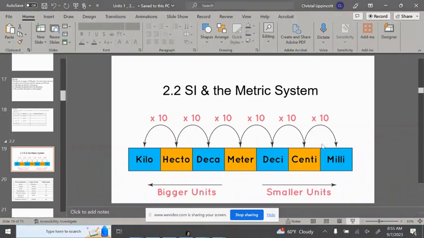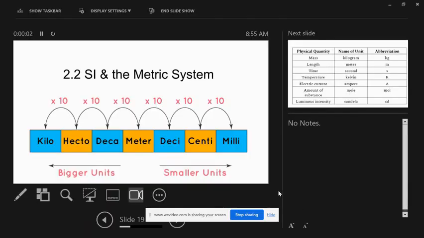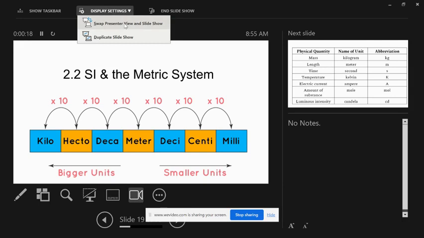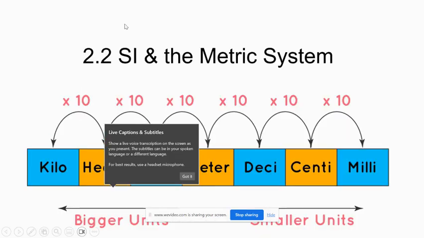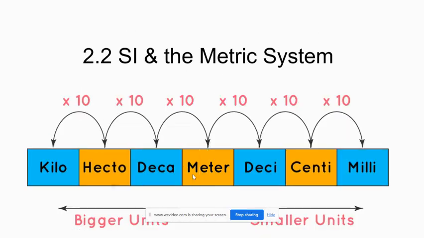There we go. How does that work? Okay, then I need display settings. That's what I want. There we go. Okay, I got it. Now we got it figured out.